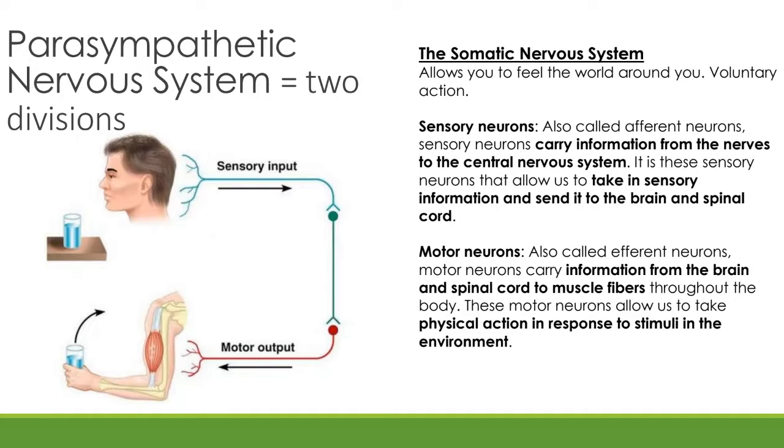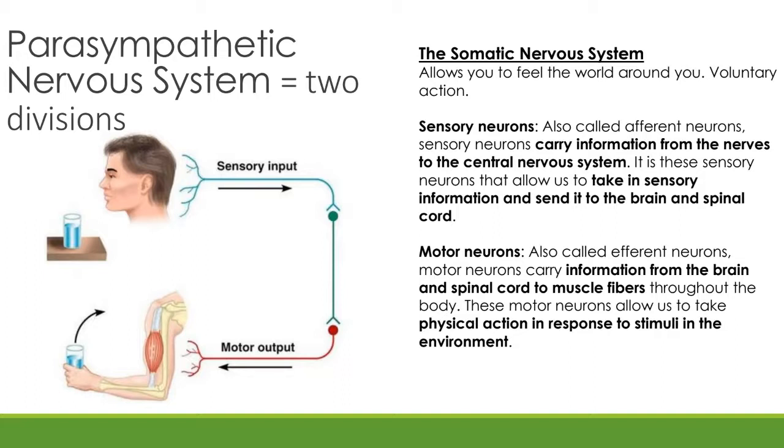So the sensory information comes in through our sensory neurons, and then our body responds through the motor neurons, which we said are called efferent neurons. So remember, sensory is afferent, motor is efferent. Sensory goes to the brain and the central nervous system, motor is away from the brain. And that carries information from the brain and spinal cord to the muscle fibers throughout the body.